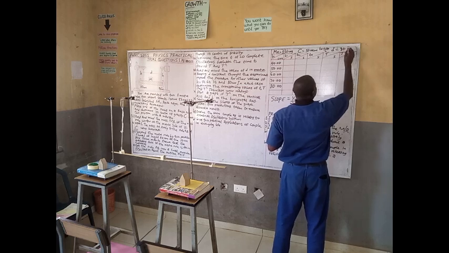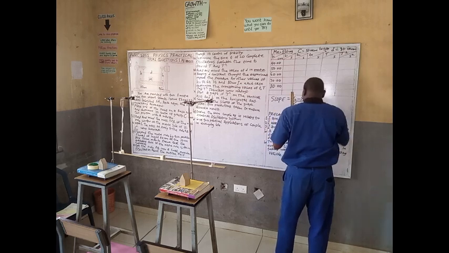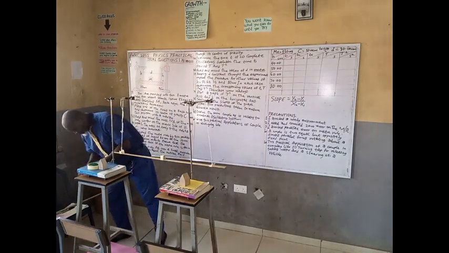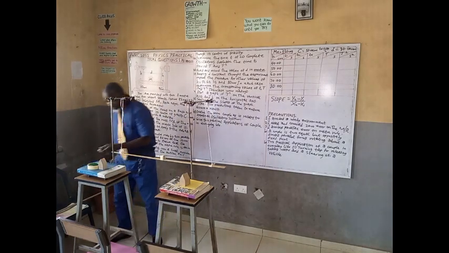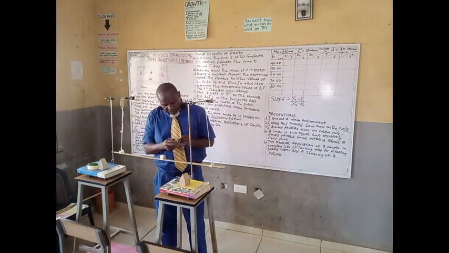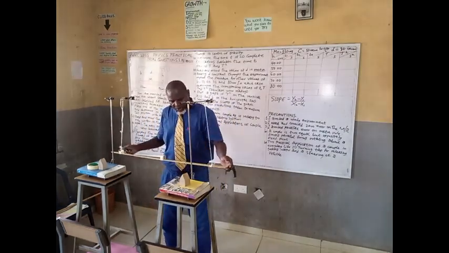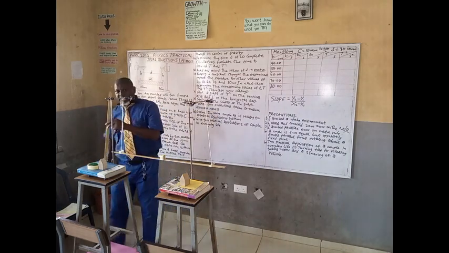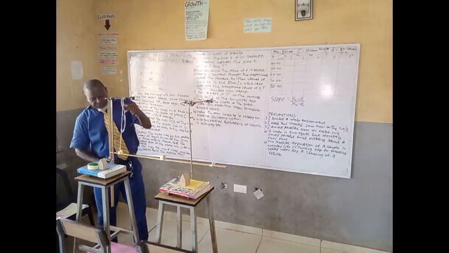D is 80 centimeter. Now, we want to start. This is my stopwatch. You are going to start with 40 centimeter length.